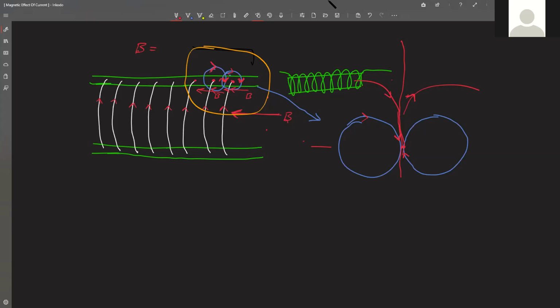In the same way, magnetic field on the sides of a solenoid in any direction will be equal to zero. So magnetic field here is also zero. This is an important point to note, that magnetic field outside a solenoid is equal to zero.